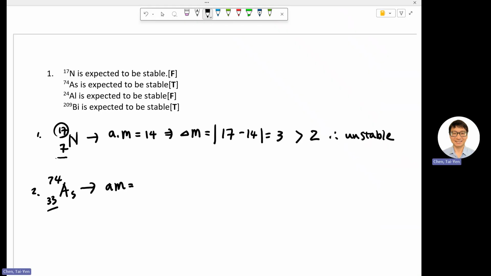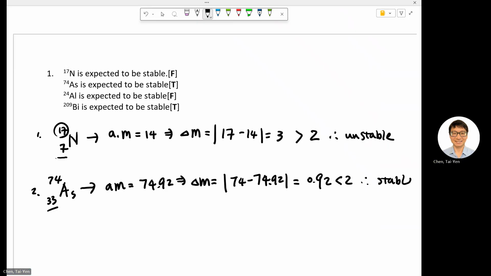Okay, so what's the atomic mass you get from your periodic table? 74.92, right? Therefore, you can calculate your delta N equals 74 minus 74.92. Take the absolute value. You got 0.92, which is smaller than 2. Therefore, it is stable.